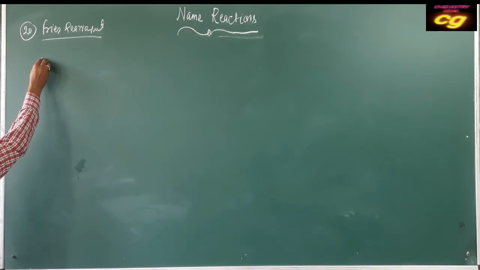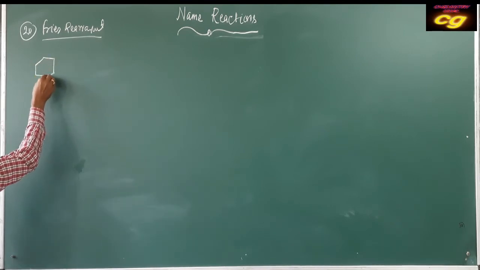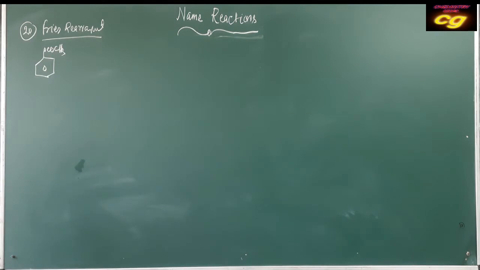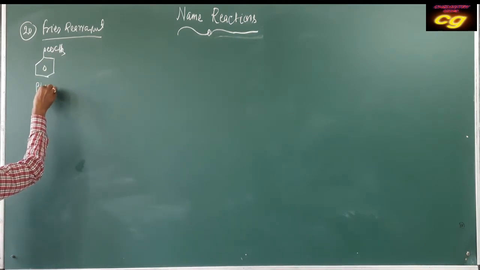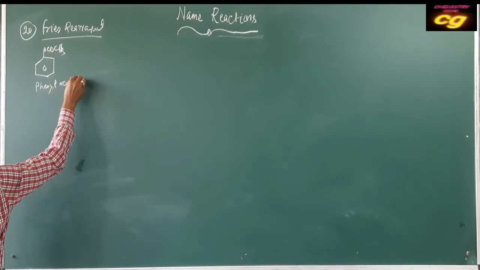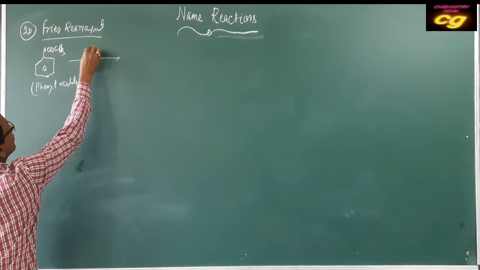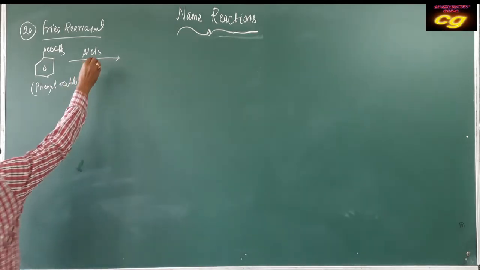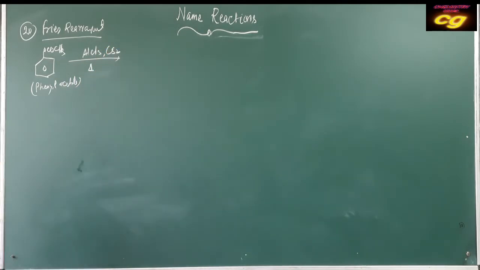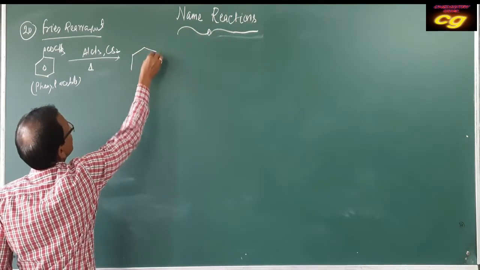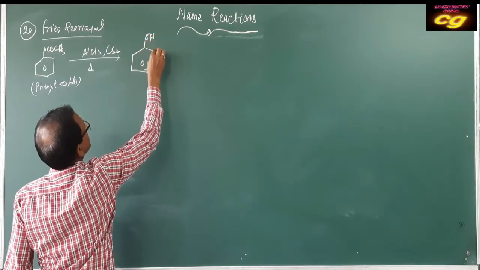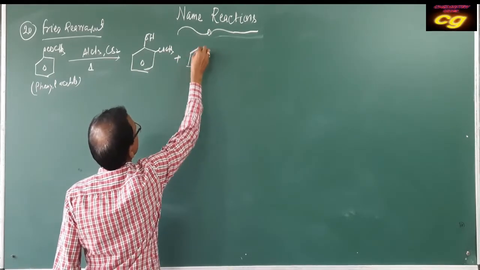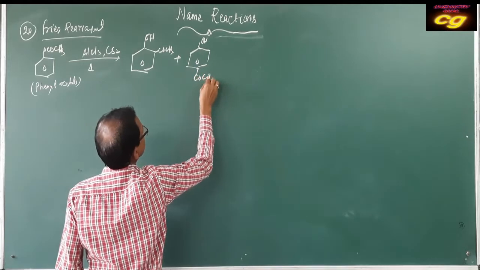An aromatic ester, phenyl acetate, in presence of aluminum chloride on heating, and the solvent is carbon disulfide, is converted to a phenyl derivative, OH and COCH3, at the ortho position or para position.